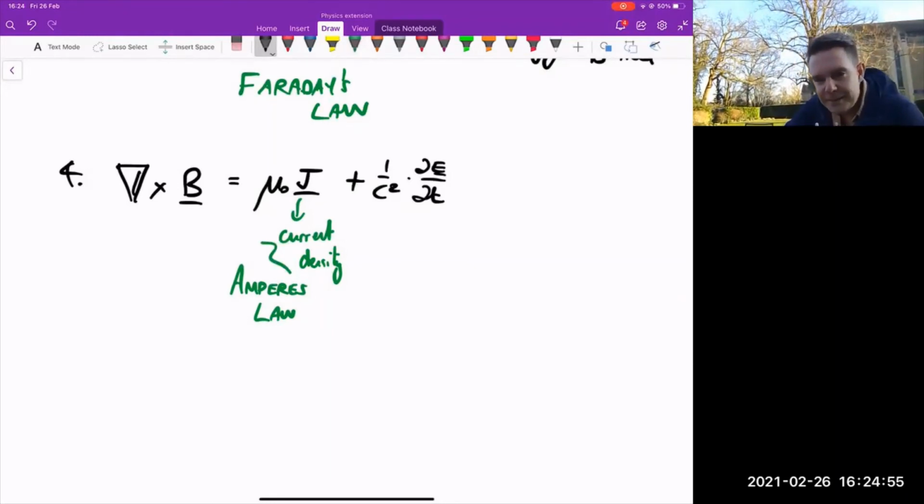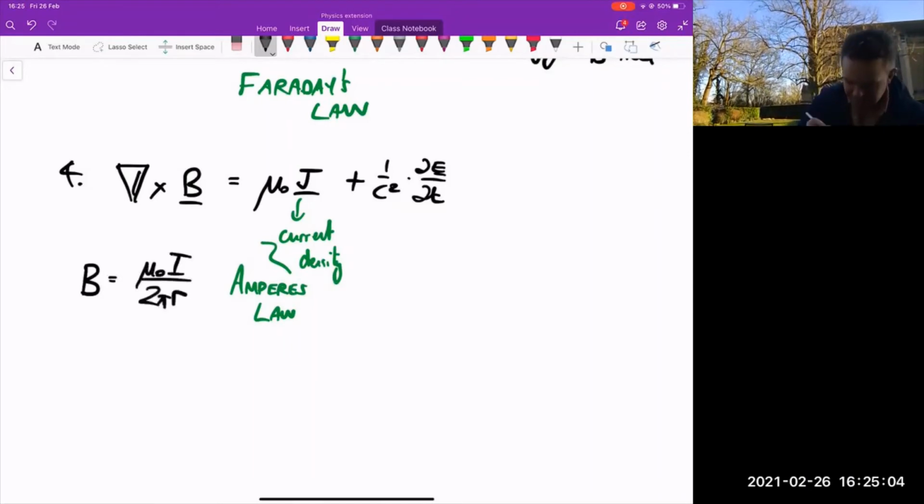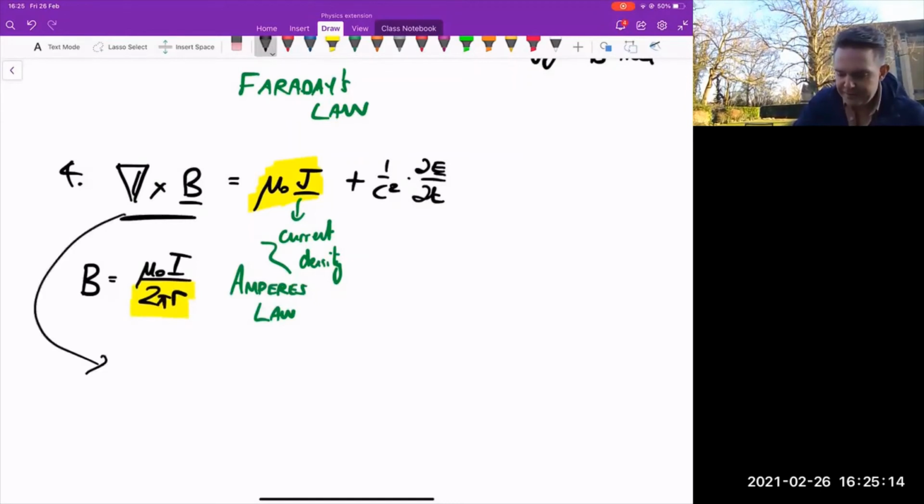And second years again, you see this equation for the field around a wire. Here's the mu naught current. And then the 2 pi r comes about because when you've got a curl, you can rewrite this as a line integral, B dot dl.